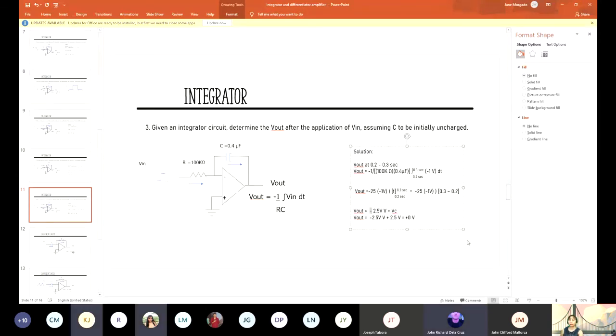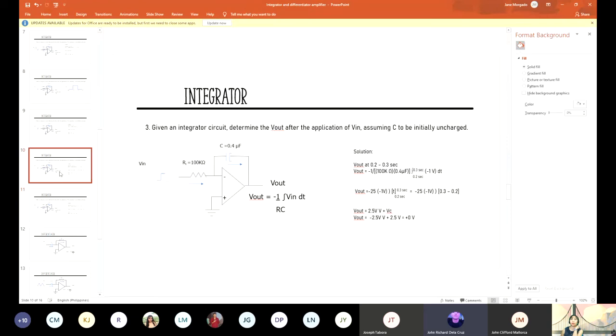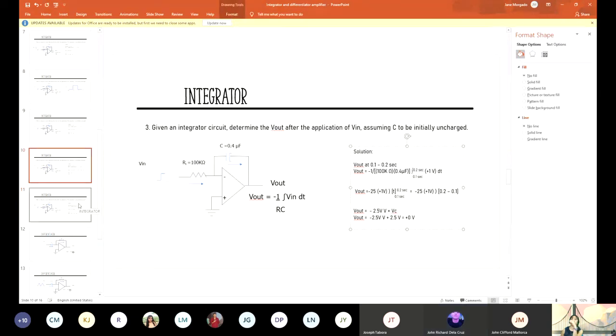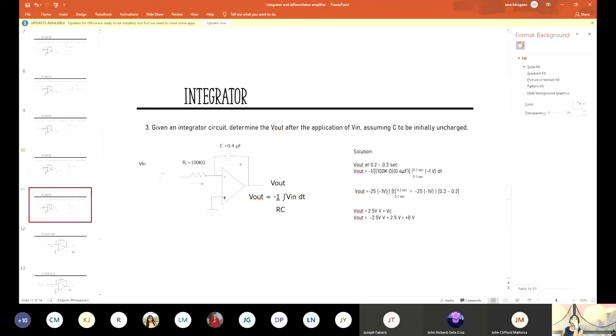Positive 2.5 plus VC. But what was our previous output? 0. So that would be your VC. So positive 2.5 plus 0 plus 0.